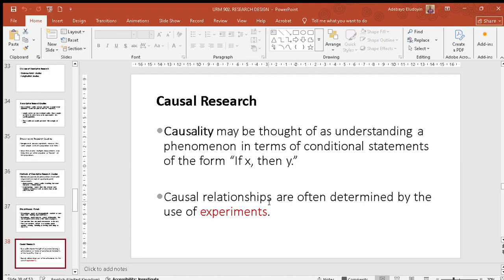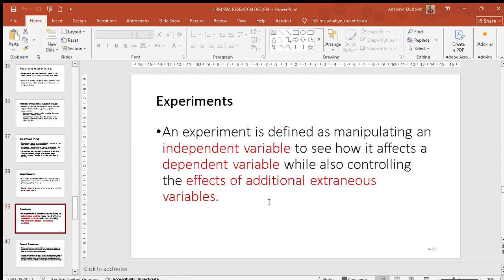But we have to understand that anytime you talk about causal research design, we think about experiments. Experiments is often the main method to think about causal research design. I define experiment here as manipulating an independent variable to see how it affects a dependent variable while also controlling the effects of additional extraneous variables.